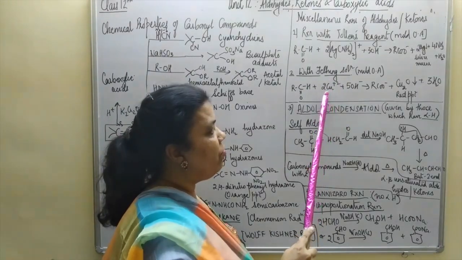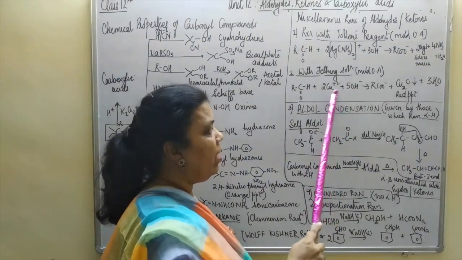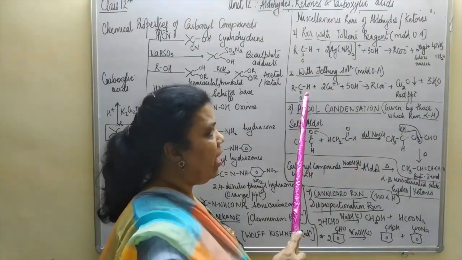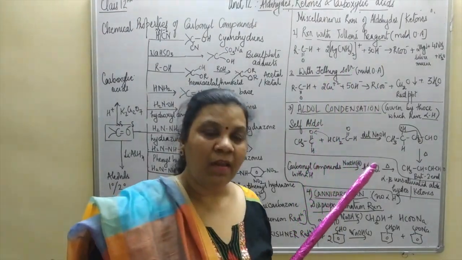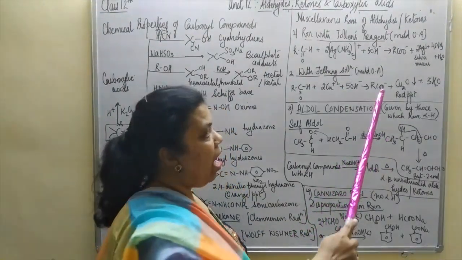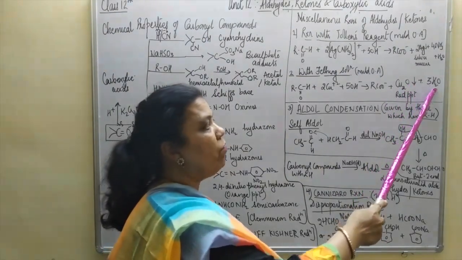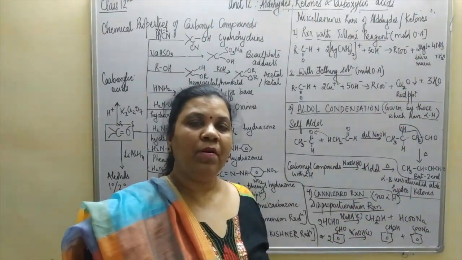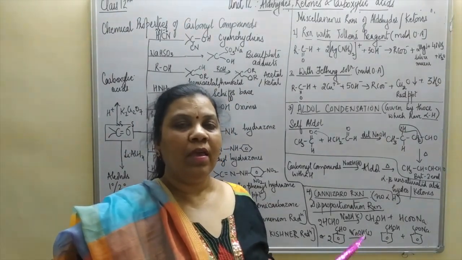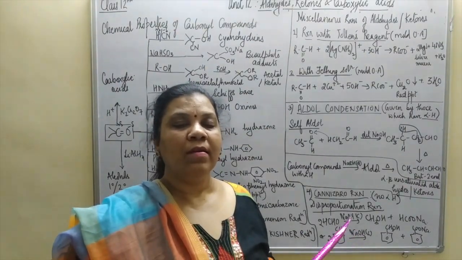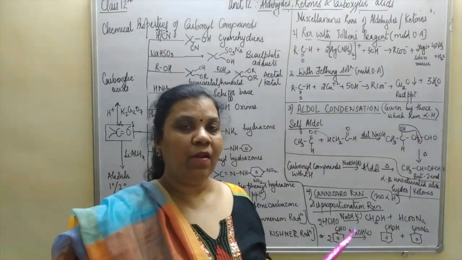So these ions come from Fehling A and these come from Fehling B. When Fehling A and Fehling B are mixed with a sample of aldehyde, the aldehyde gets oxidized to acid since Fehling solution is again a mild oxidizing agent. And it produces a red precipitate of cuprous oxide, Cu2O, along with the byproduct water. Again remember, this is a chemical test to distinguish between aldehyde and ketone, given by aldehydes, not by subterminal ketones.